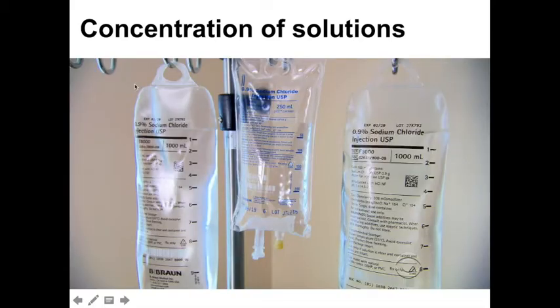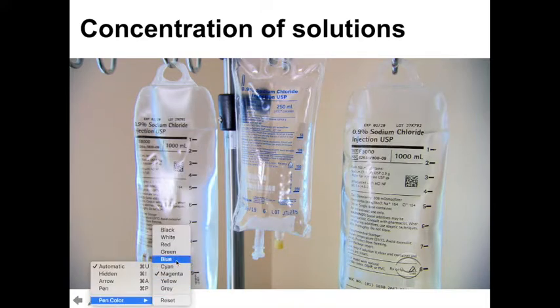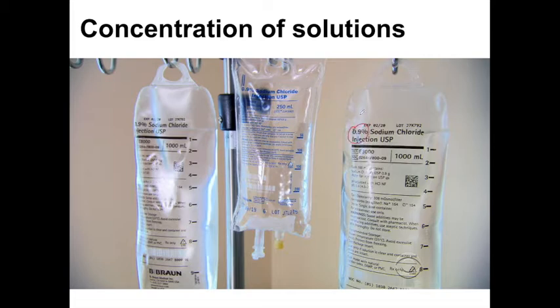Here's another example. This one is the IV drip that you see in hospitals. You see here it says 0.9% sodium chloride on the label. If you look closely, it has a description.